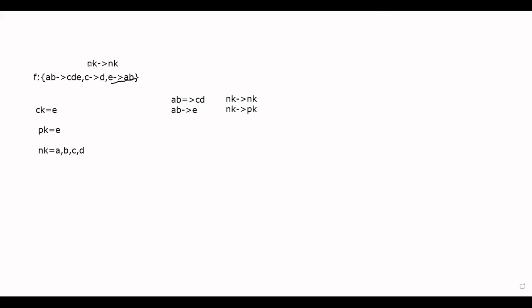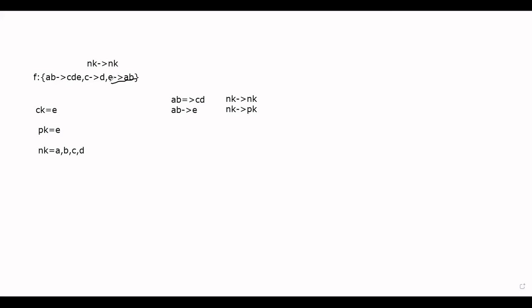You have to check all separately. Only if all the dependencies have a candidate key on the left hand side, then only it is in BCNF. Not if only one is present. Actually you want to satisfy all. If it is in BCNF, it is in 2NF.